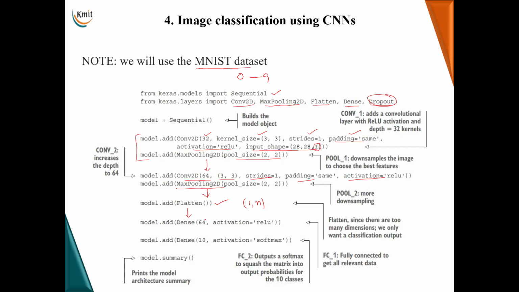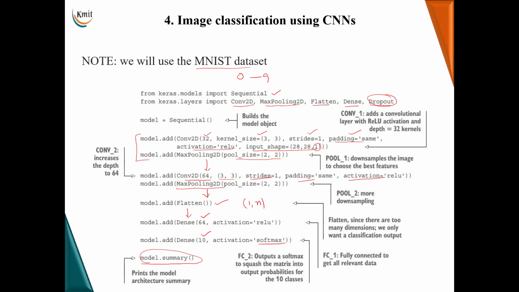So for the first hidden fully connected layer, I am using 64 units, and this is the output with 10 units, and the activation function is softmax as we are talking about multi-class classification. And this last command, model summary, will print the summary of the architecture we have designed.